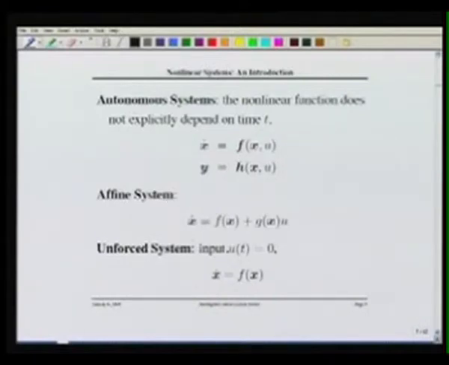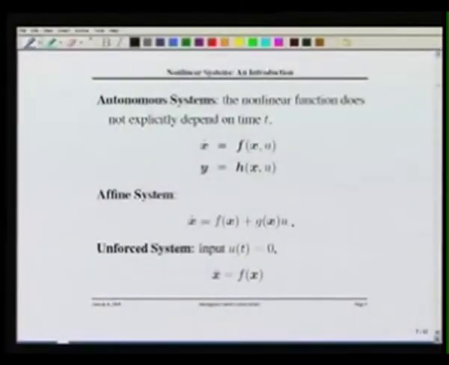They have a specific structure, and in our control system design we will often discuss this kind of system while designing controllers, that is x dot equal to f(x) plus g(x) into u. This is one nonlinear function and this is another nonlinear function, but you can see that this has a specific structure. And when you have no external input, x dot equal to f(x), this is the unforced system.